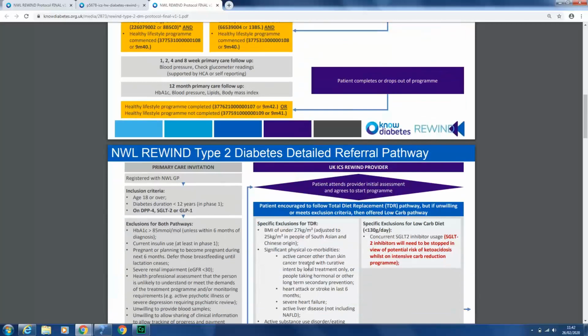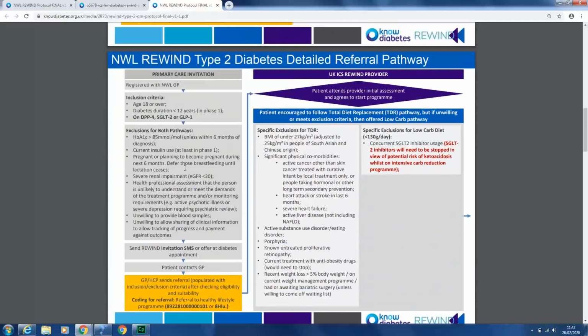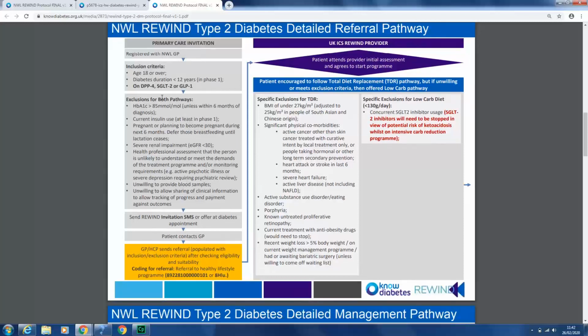So just moving on, we'll talk a little bit about the inclusion-exclusion criteria. It's important that the patient is registered with your GP practice or one of the other GP practices in North West London. They're aged over 18, they've had diabetes less than 12 years.